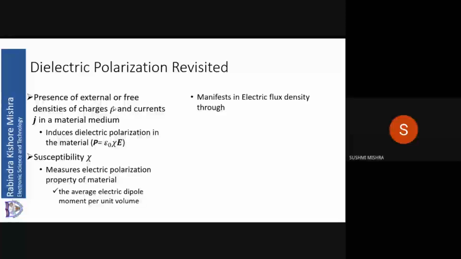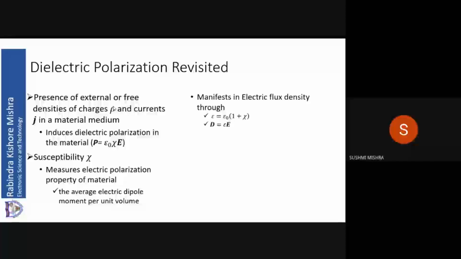How to find this xi? Take the average electric dipole moment per unit volume. That gives you xi, and it is a measure of electric polarization property of the material. This xi manifests in the flux density. That is, the electric flux density can be expressed in terms of xi using epsilon, which is the dielectric constant. So epsilon is equal to epsilon 0 into 1 plus xi.